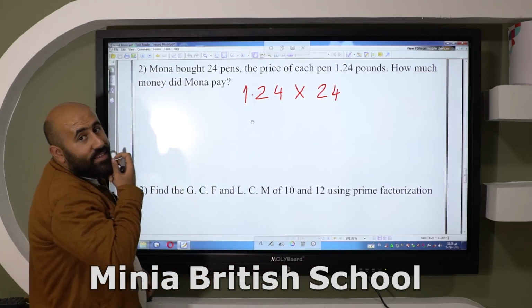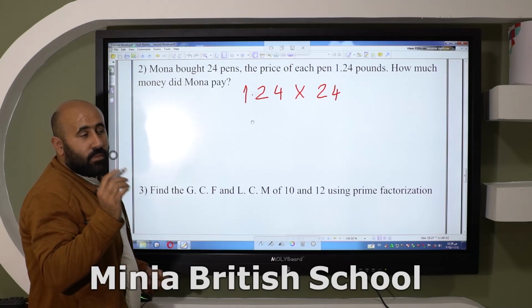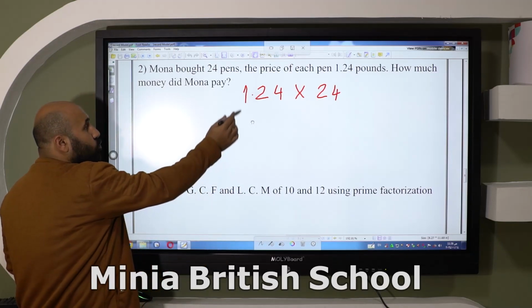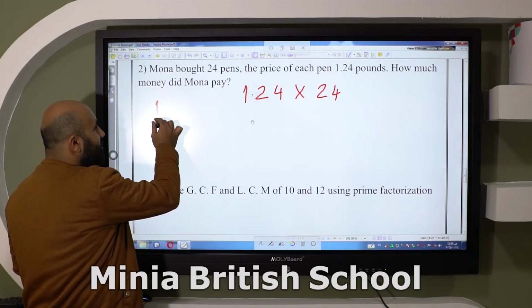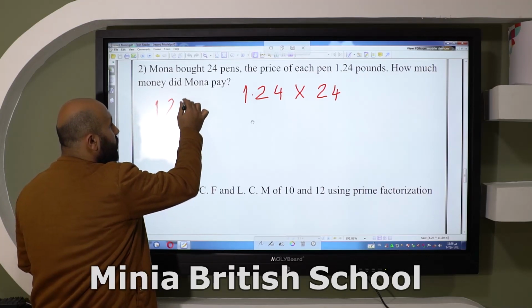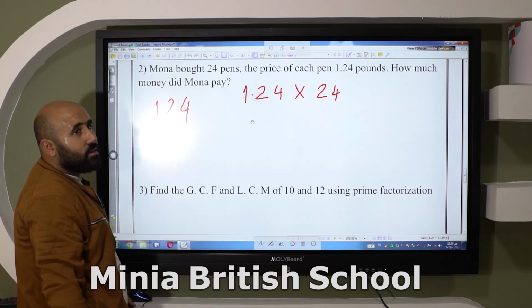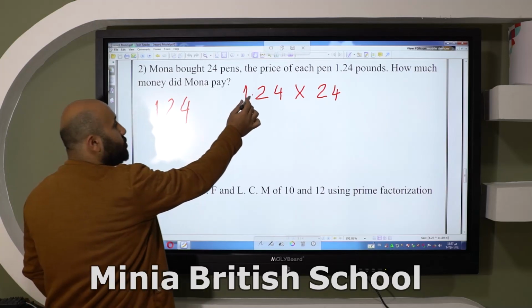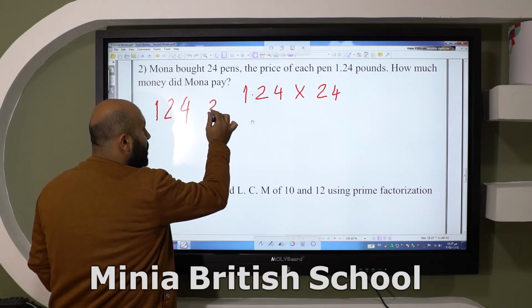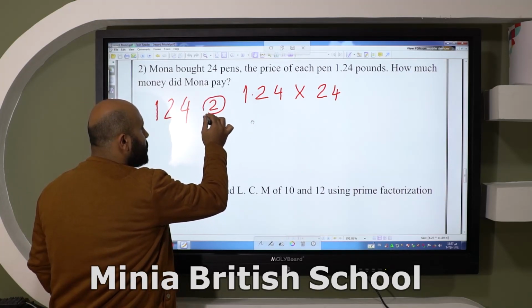To do the decimal multiplication, I will write 1.24 as it is, 1, 2, 4, but without the decimal. I want the decimal after 2 decimal digits, so I will write the 2 inside the circle.